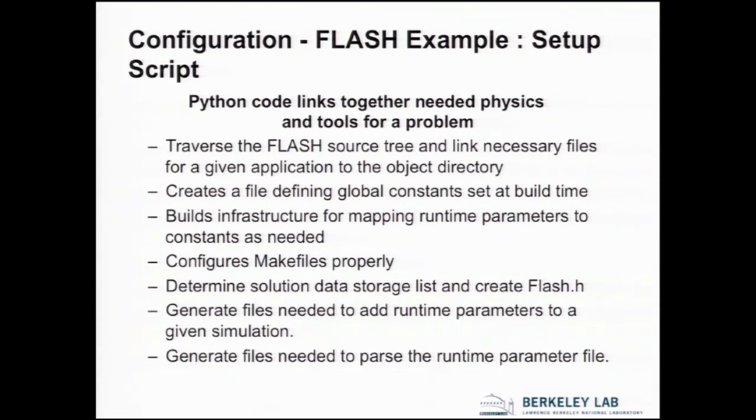In the Flash example, the configuration is done with a Python script, which we call a setup tool. And the way the configuration works in Flash is every directory under the source tree of Flash has a text file in Flash-specific syntax called Config. This Flash-specific syntax encodes information about the field variables that are going to be needed for that particular unit, the runtime parameters that are going to be needed for that unit, the conflicts that that unit might have with other units, and the dependencies.